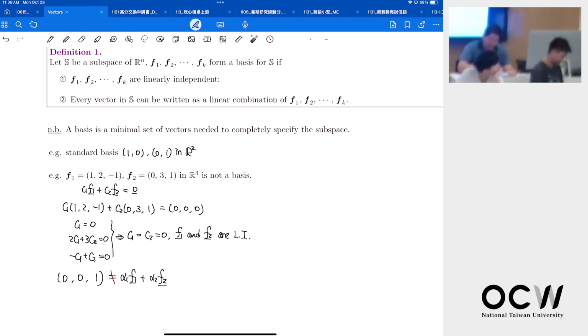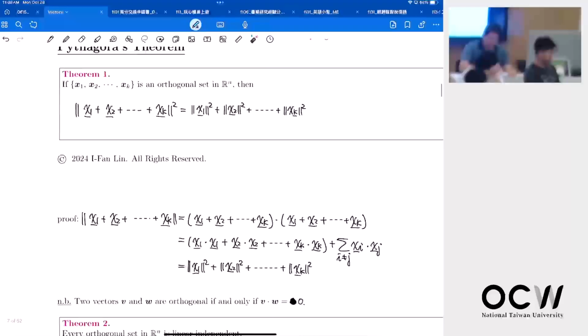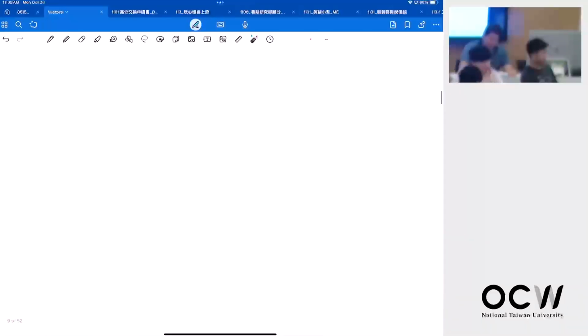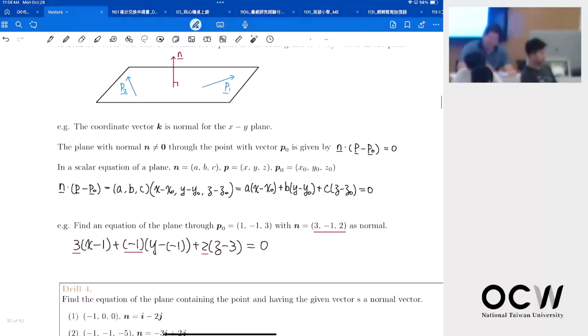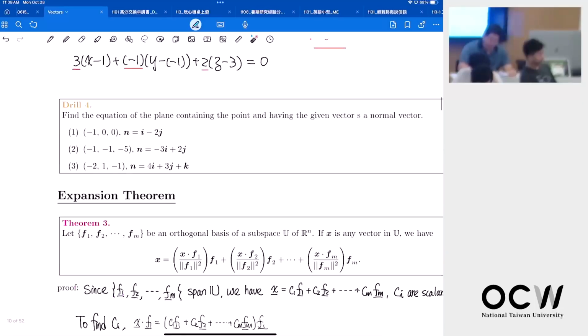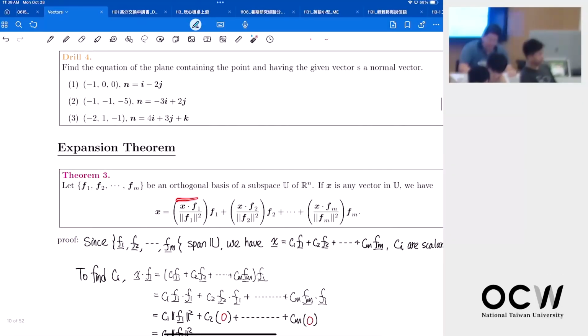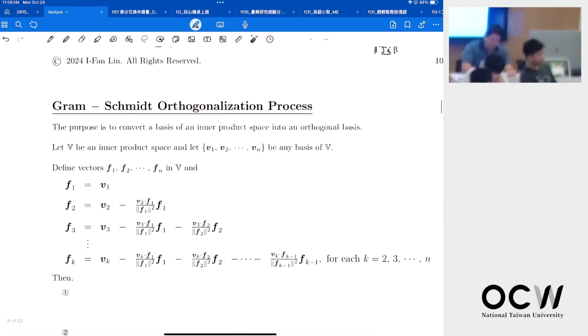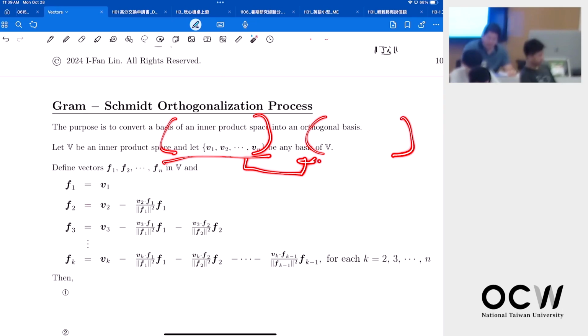But if you want the orthogonal basis, because with an orthogonal basis you can do a lot of things later, then here's the process. Based on your original basis, you can convert it to an orthogonal basis.